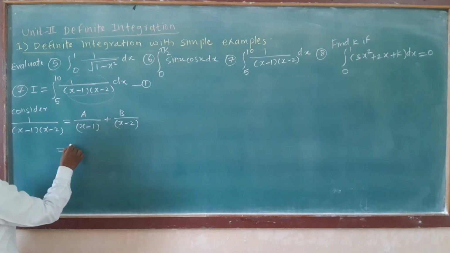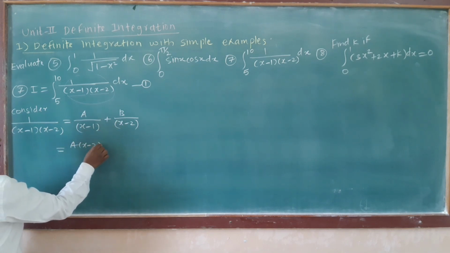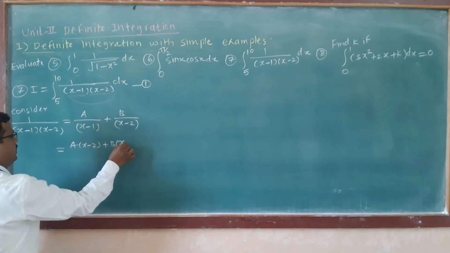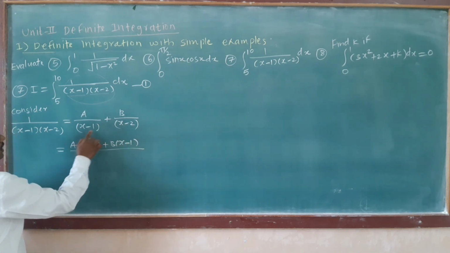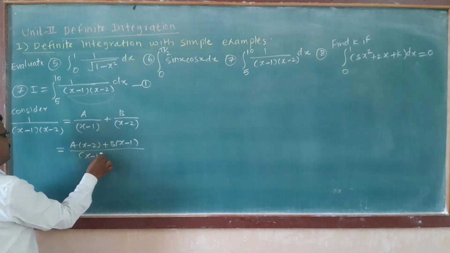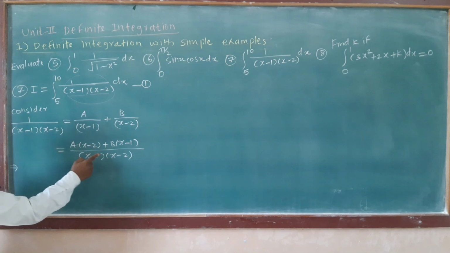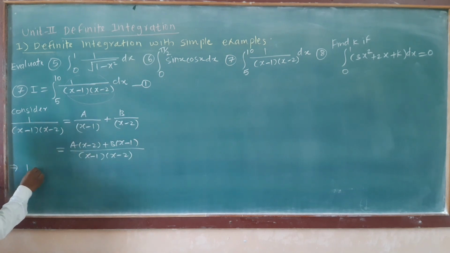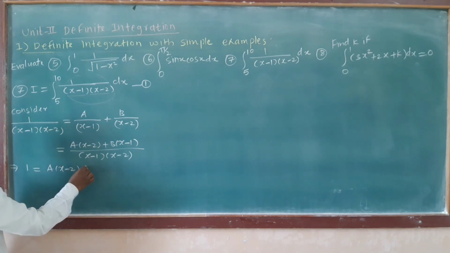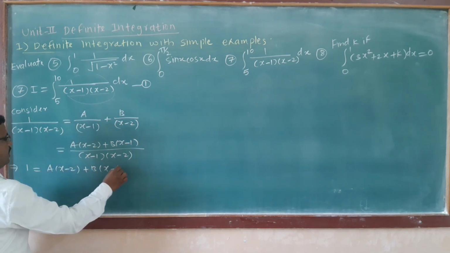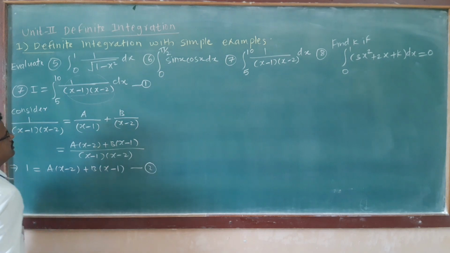For that, cross multiply: a into x minus 2 plus b into x minus 1 upon the product x minus 1, x minus 2. So, this implies that the denominators are equal, therefore, numerator 1 is equal to a into x minus 2 plus b into x minus 1, call this equation number 2.